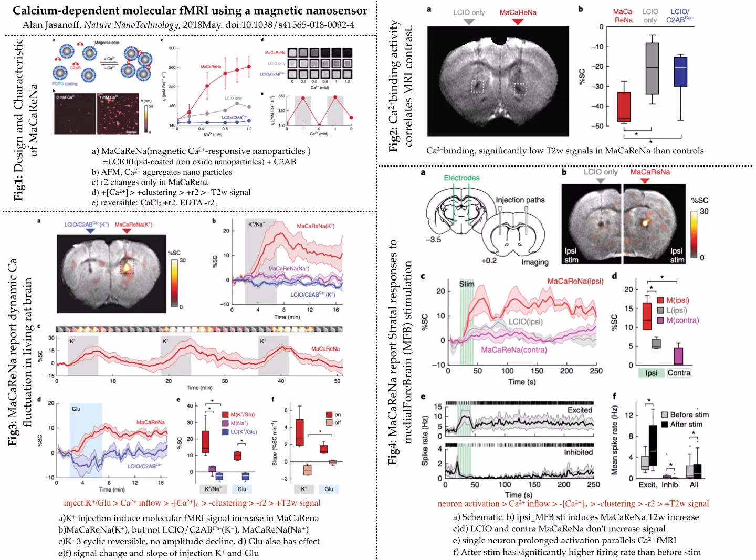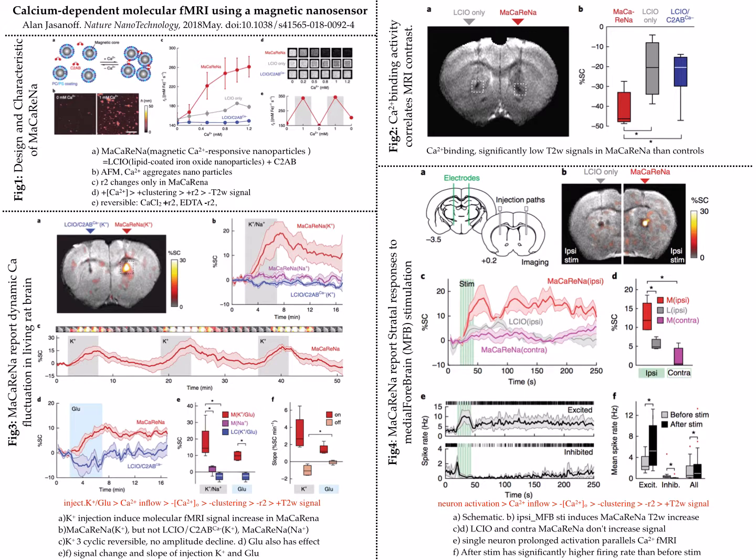Figure 2 shows that calcium binding activity correlates to the MRI construct, that is T2 weighting signal. If you inject MaCaReNa solution into the right hemisphere, and LCIO, that is the control solution, into the left hemisphere, you will see the T2 weighting signal decrease.